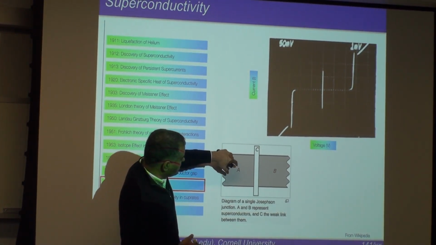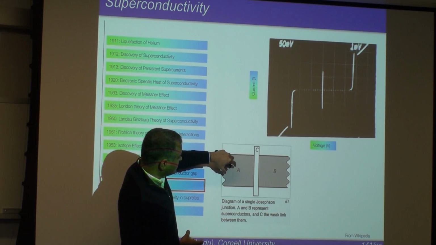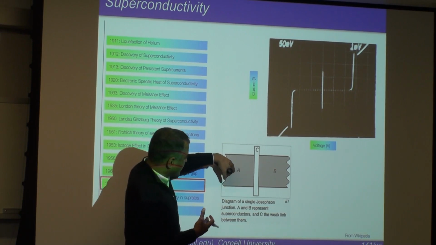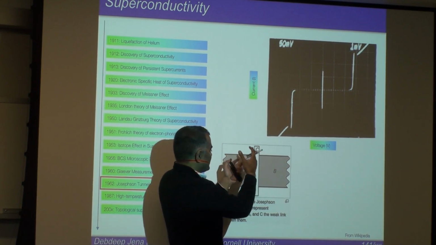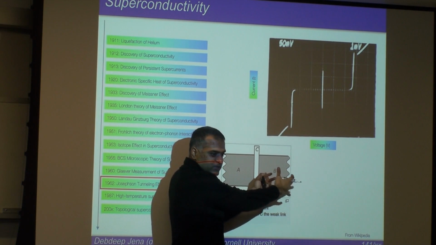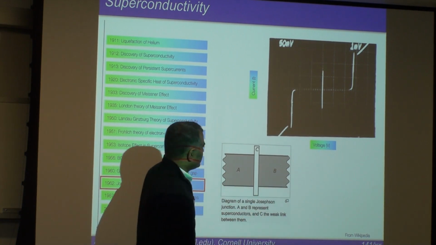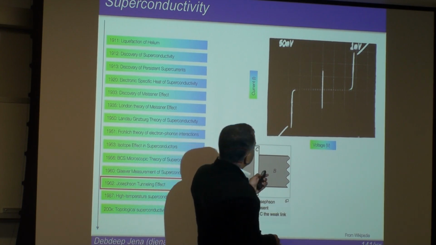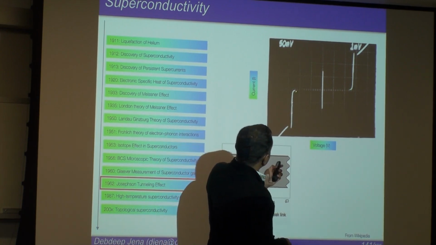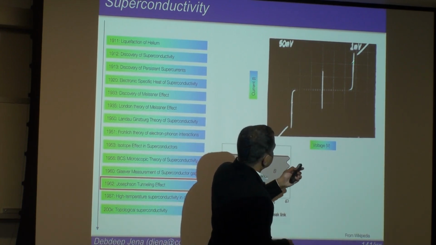Now, it is rather difficult to believe that a macroscopic quantum object, which physically is big or rigid like that, can tunnel through the junction. But when you actually measure this very carefully, what you'll observe is this part, which is the Giaever stuff, the tunneling gap part.